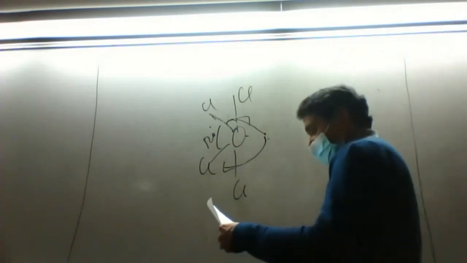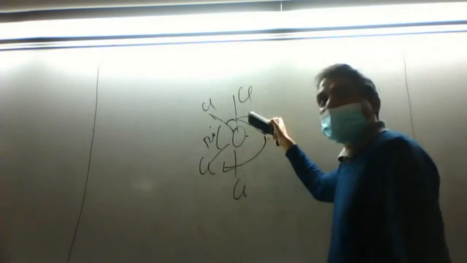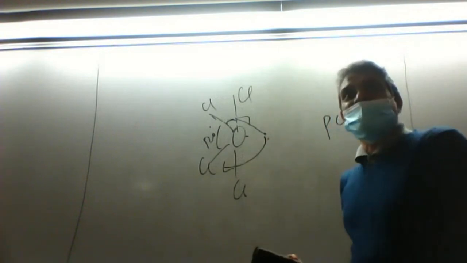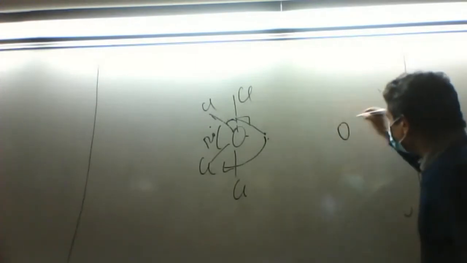Another one. Let's look. I was drawing PCl4 here. This is PCl4, right? Now I want to do only PCl3. I just want to remove two things from here. PCl3. So I put a P here.